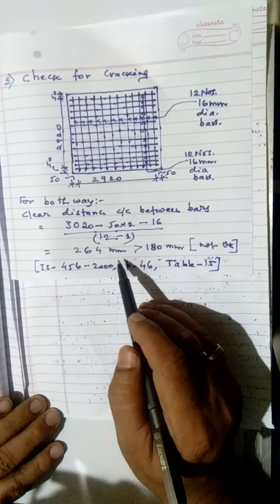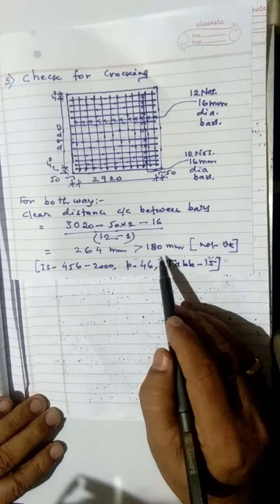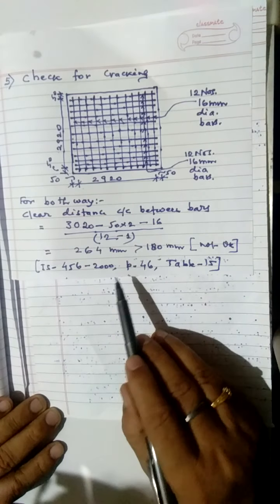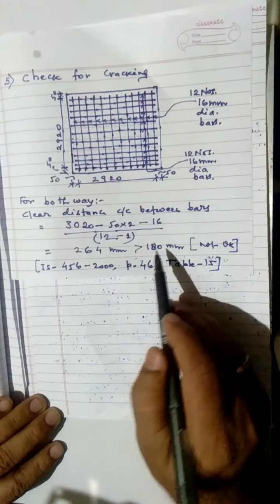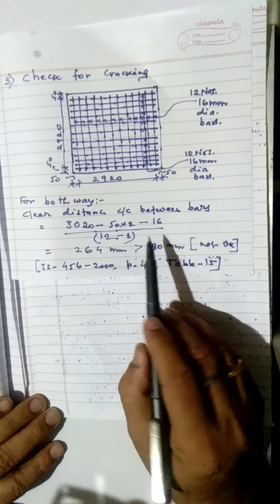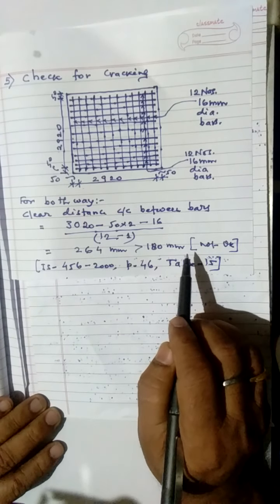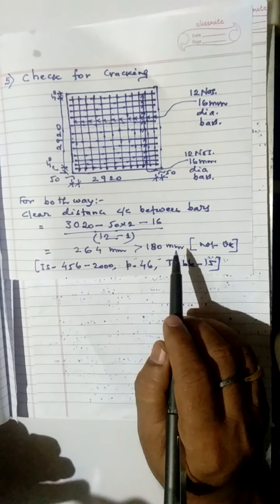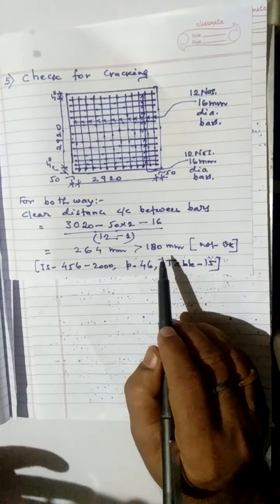Now this spacing between bars is more than the required maximum spacing, that is 180 millimeter as per IS 456 2000 page number 46 and table number 15. So this spacing of the bars is not okay. So the requirement is here to select another diameter of bars and again calculate the spacing.